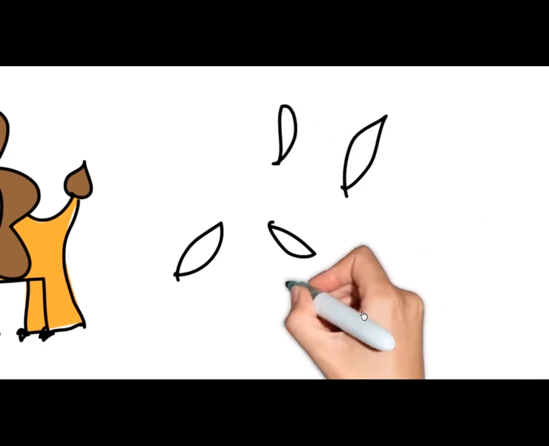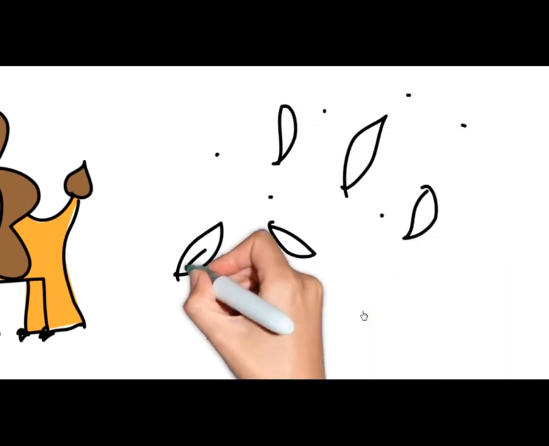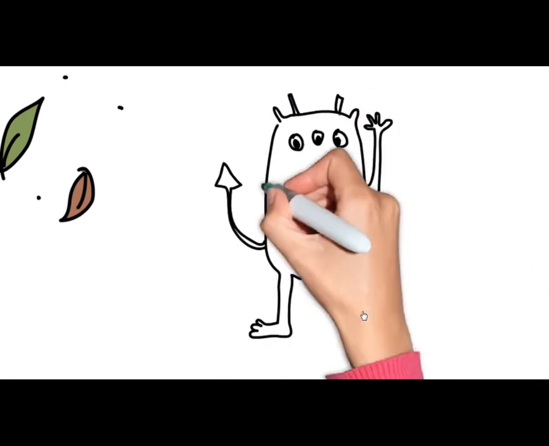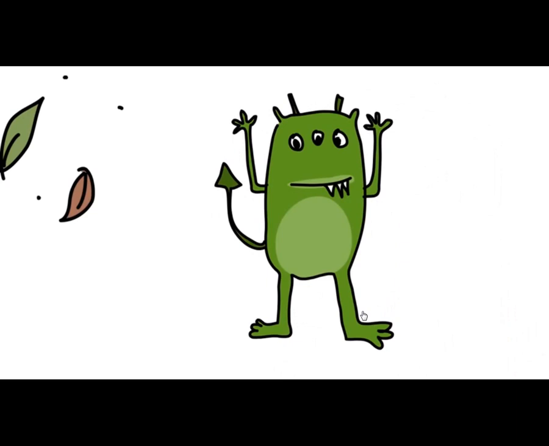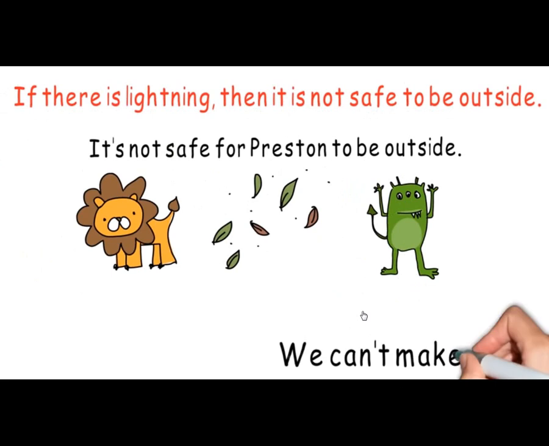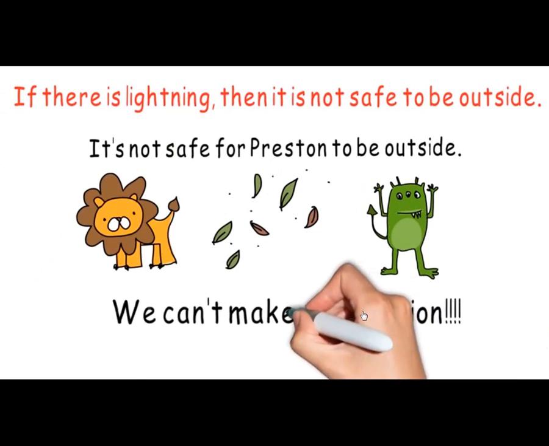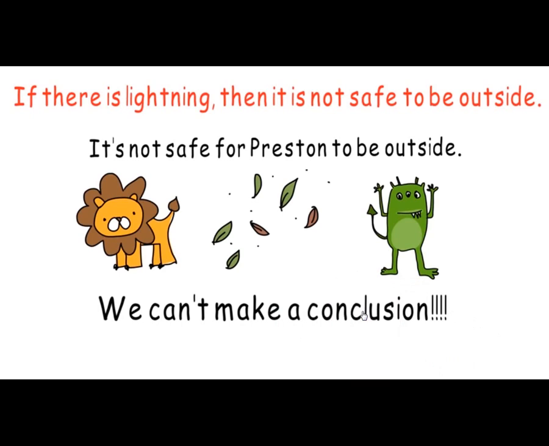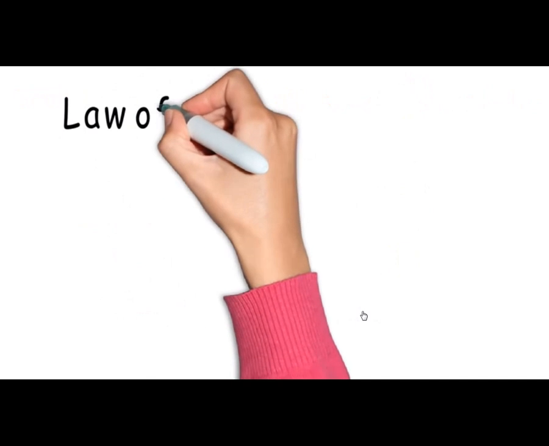Definitely not safe to be outside. Or what if there's a big, huge windstorm? Whoa, definitely not safe. What if there are little green alien men running around all over the place? Definitely not safe to be outside. Again, there could be a million reasons why it's not safe to be outside. We just cannot make a conclusion when there's a restatement of the conclusion.